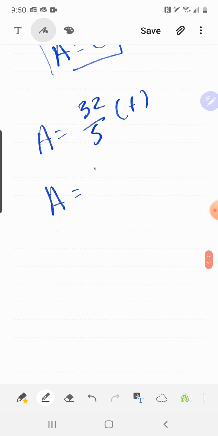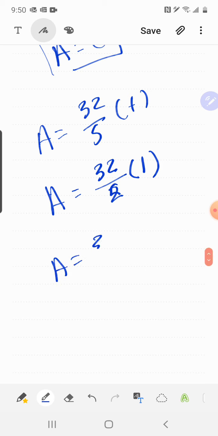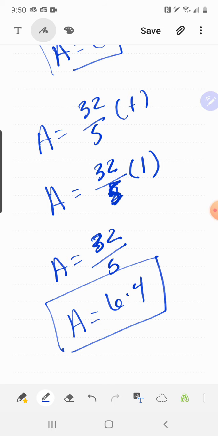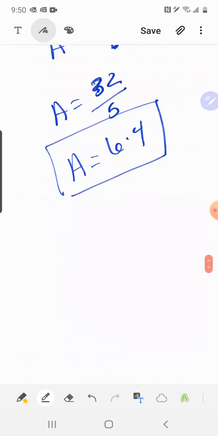I'm going to rewrite it again. I'm going to just put in 1 for 1 minute. A is equal to 32 divided by 5. A is equal to 6.4.